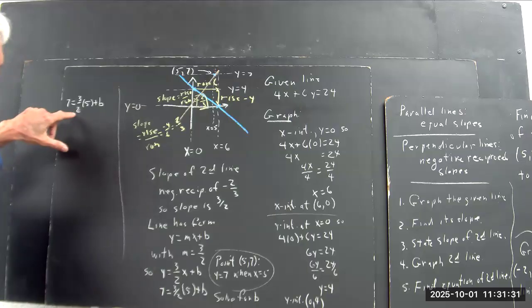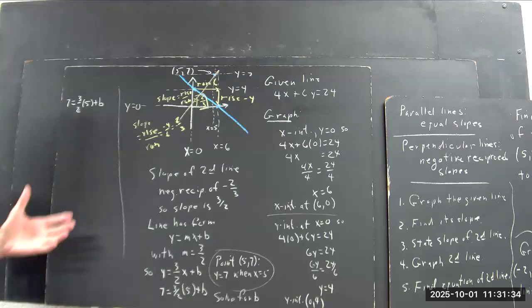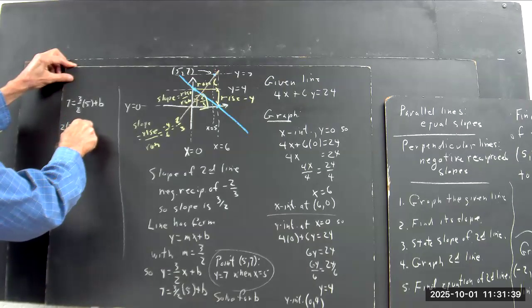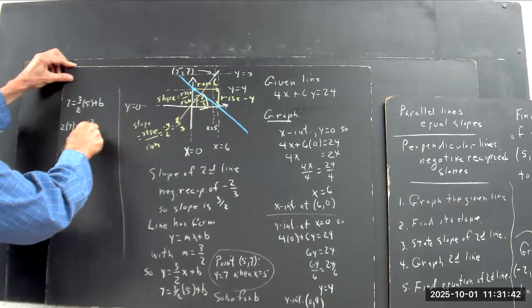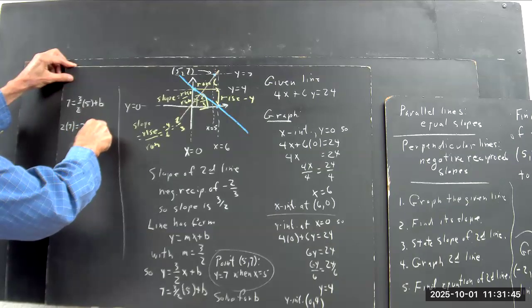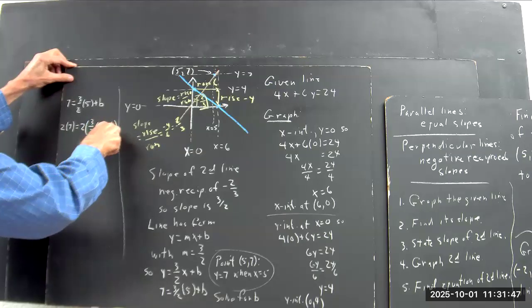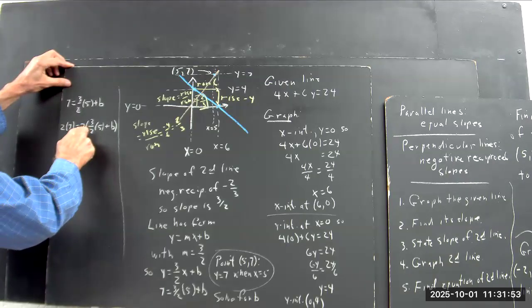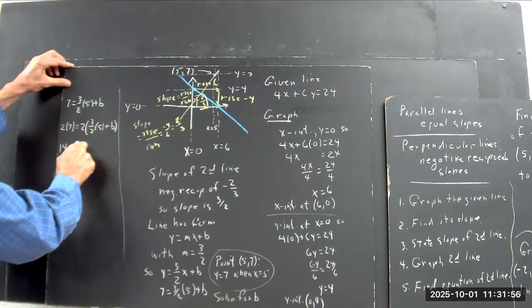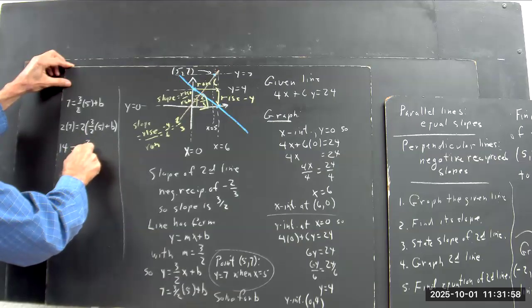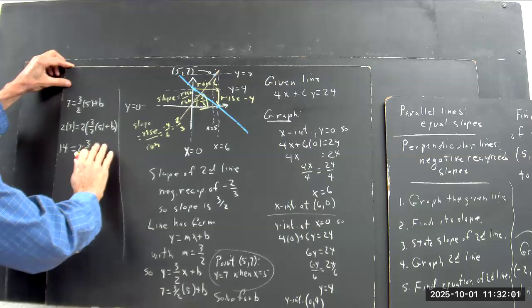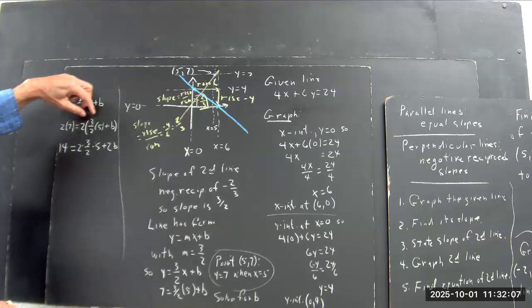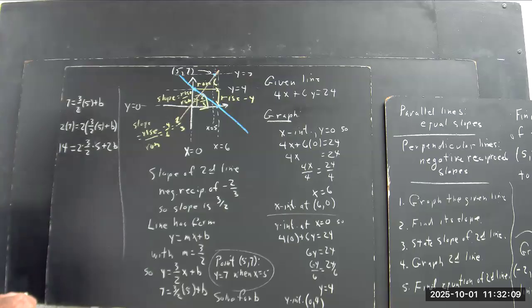We multiply both sides of the equation by 2, so we don't have to work with the fraction. So we do 2 times 7 equals 2 times 3/2 times 5 plus b, and we get 14. Okay, we do 2 times 3/2 times 5, and then 2b. We've got to multiply 2 by this, and 2 by this.